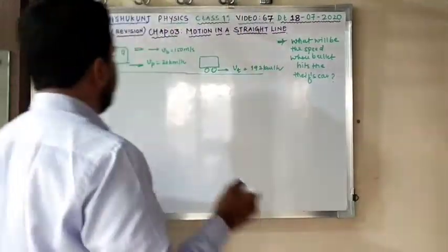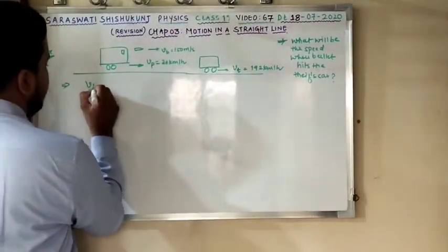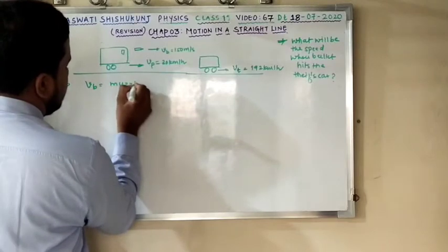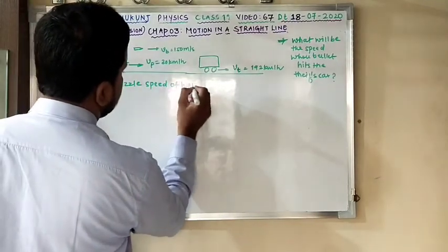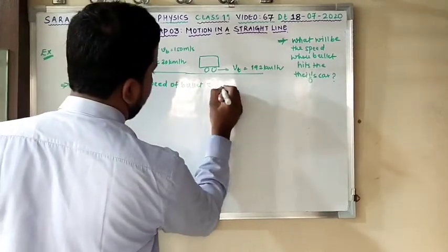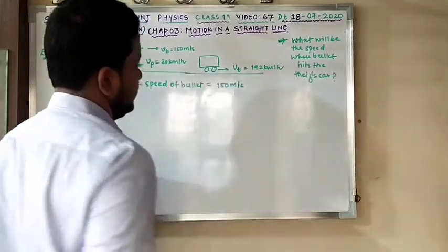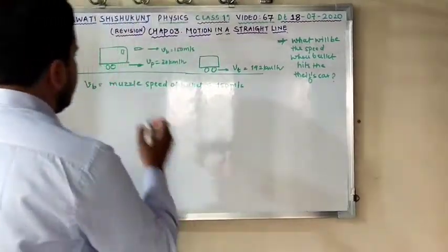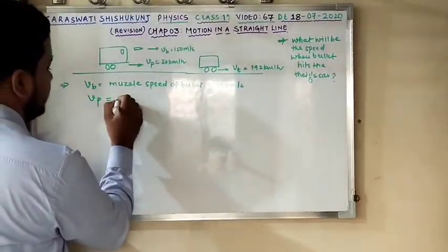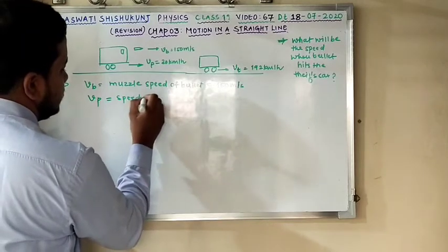So I can write over here, very first I do have my VB, that is the muzzle speed of the bullet. That is given, that is 150 meter per second. This is meter per second standard, so no need to do any conversion over here. Then VP is nothing but the speed of the police van.